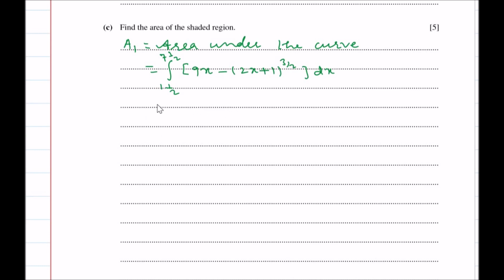So if we integrate, we get 9, for x we get x square by 2 minus, here we get 2, 2x plus 1 to the power 3 by 2 plus 1, that becomes 5 by 2, because in integration we add 1 to the power.